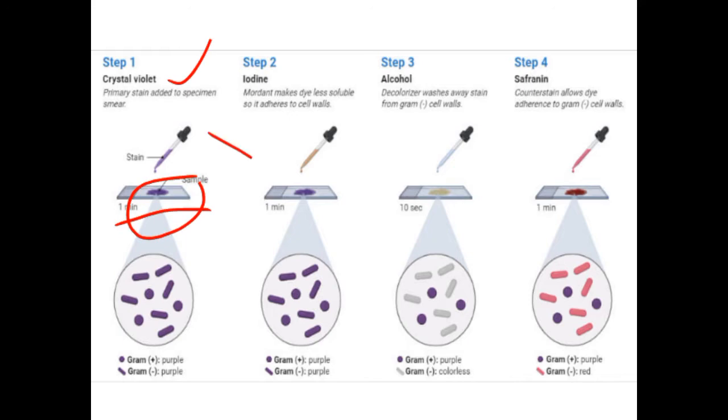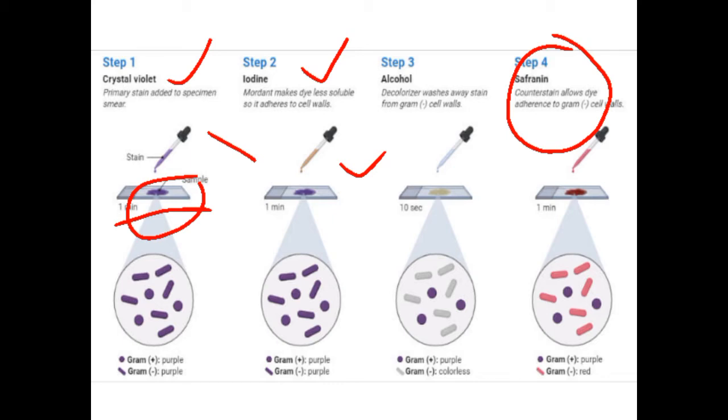Then wash the stain. After washing, apply Lugol's iodine for 30 to 60 seconds and then wash. Then rapidly decolorize with acetone alcohol and wash immediately with clean water. The fourth and last step is to apply the counter stain or saffranin.